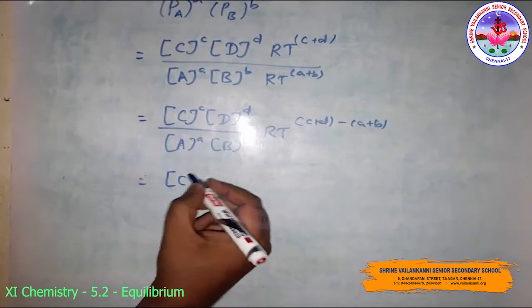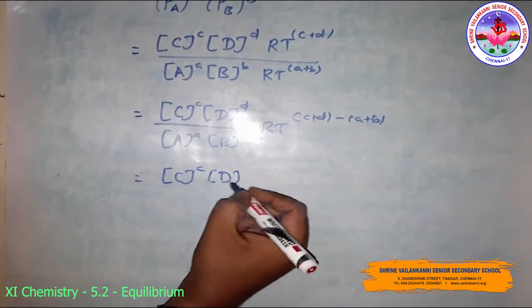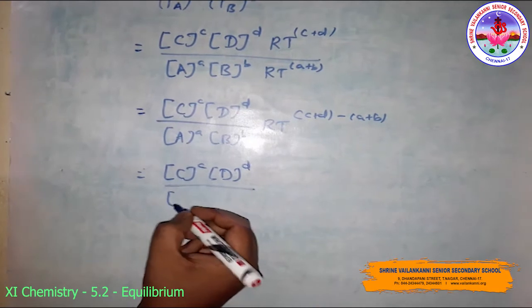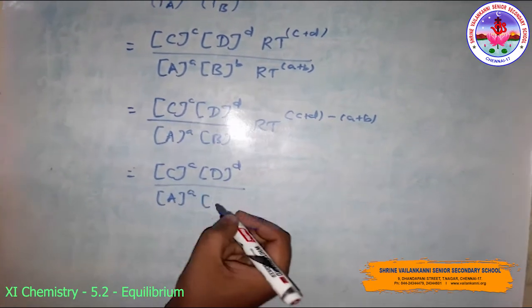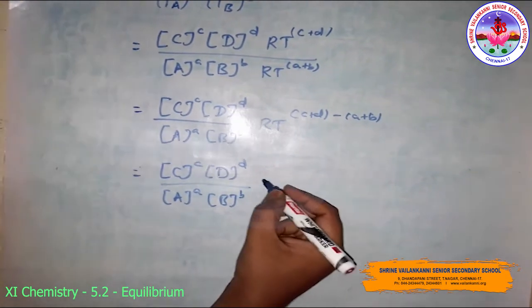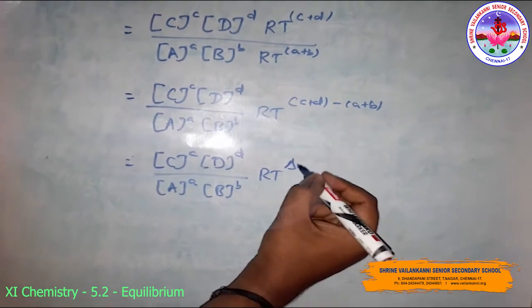So this is concentration of C power c into concentration of D power d divided by concentration of A power a, concentration of B power b, RT power delta n.